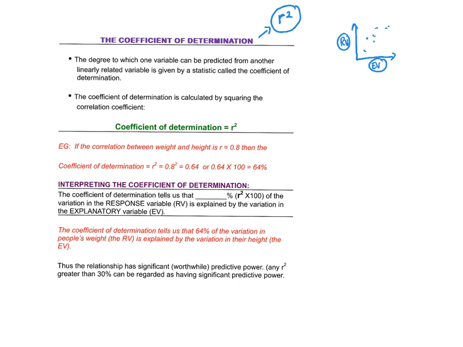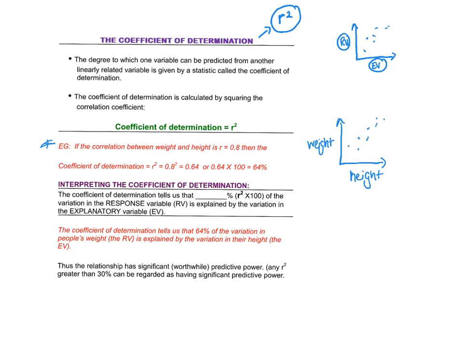So, for example, we've got an example here. They're saying the correlation between the weight and height. This is like what we were talking about yesterday. Height would be the explanatory variable and weight would be the response, and we'd probably see the taller we get, the more weight we get.